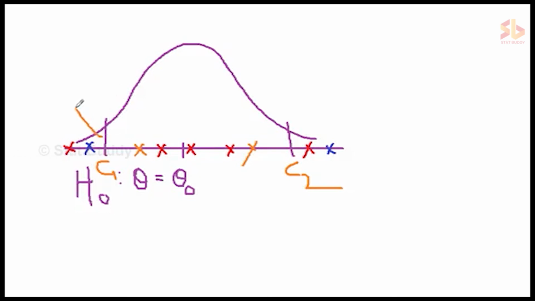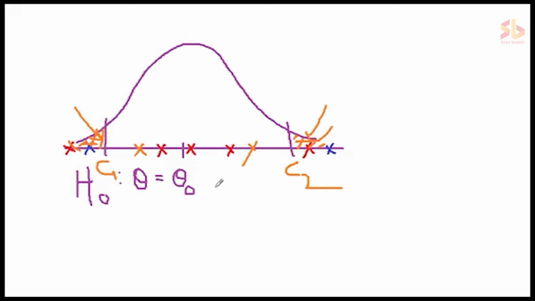If our estimate of the test statistic is in this region or this region, we can reject the null hypothesis, which means these two areas are the rejection region, and any other value between these two is an acceptable value.